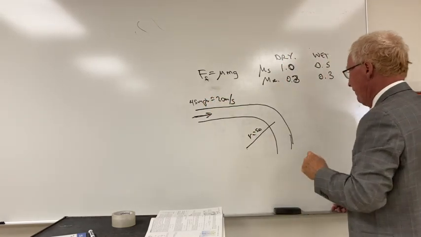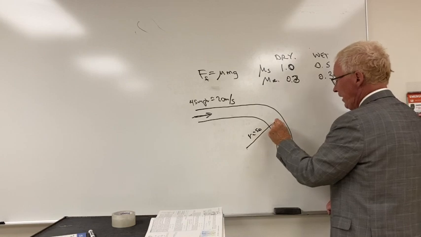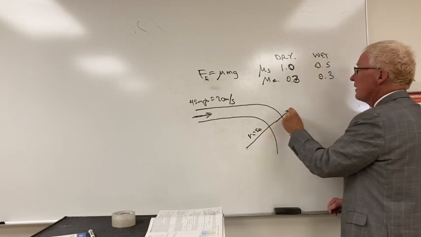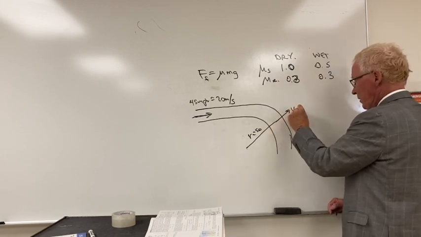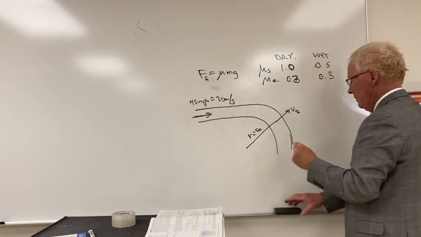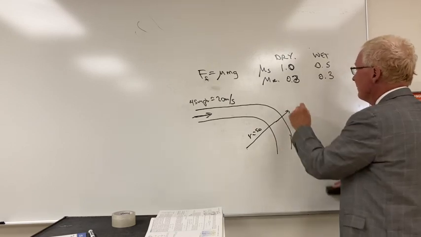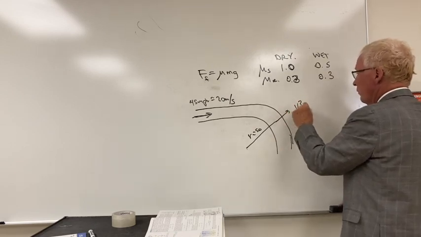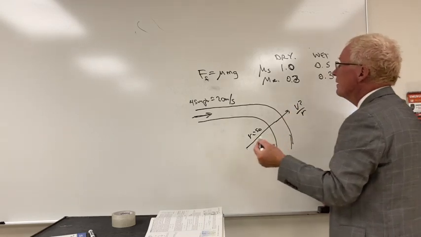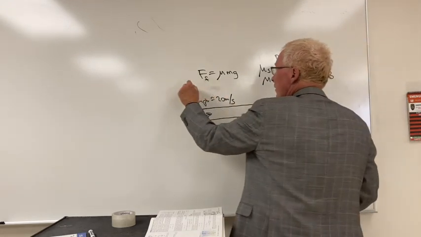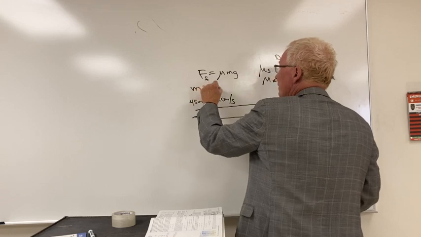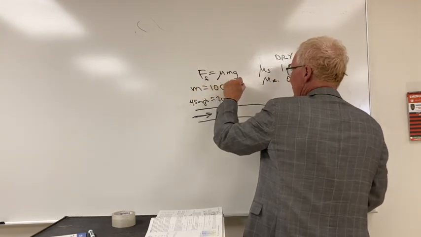Now what you're going to have here is centrifugal force, like we just talked about, which will be V squared over R. Now we talk about meters, so let's talk about M. Let's have one car be 1,000 kilograms, all right?